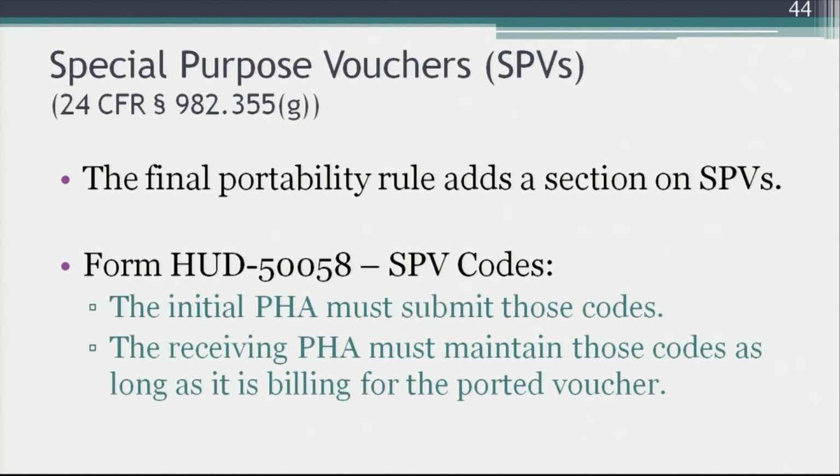Okay, so we have some other changes that I'm going to go through before I talk about what's next. The final portability rule adds a section on special purpose vouchers.